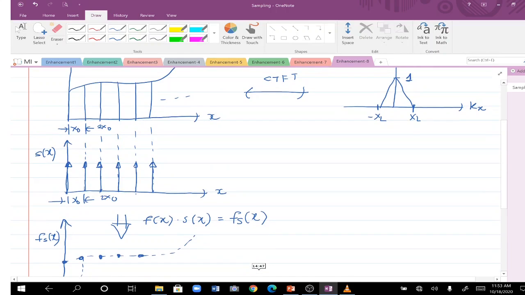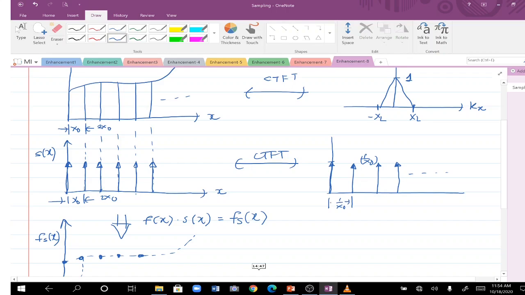So let's plot the same thing here. The CTFT of it would be, although it's from minus infinity to plus infinity, for the time being I'm just plotting it from 0 to infinity. The earlier magnitudes are getting multiplied by 1 by x naught here, and there is a periodic impulse train again, the distance being equal to 1 by x naught.